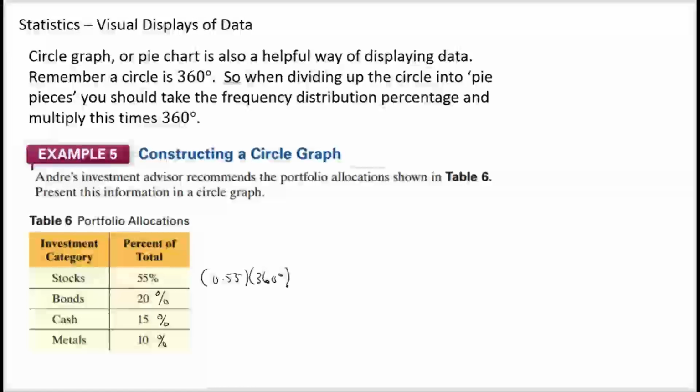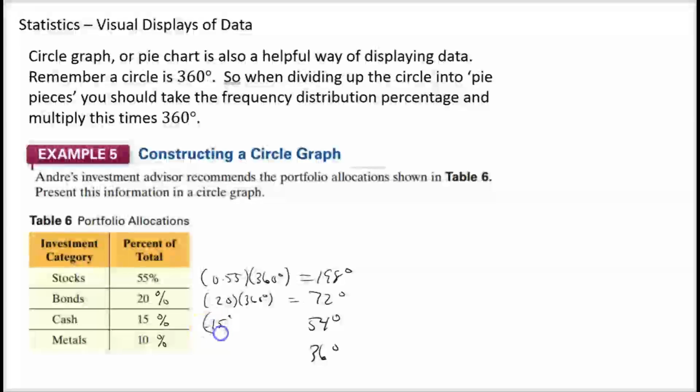So 0.55 times 360 would give me a 198 degree angle. 20%, 0.20 times 360 degrees, that would give me a 72 degree angle. 0.15 times 360 is the next one. That would give me a 54 degree angle. And then 10%, or 0.10 times 360, would give me a 36 degree angle.